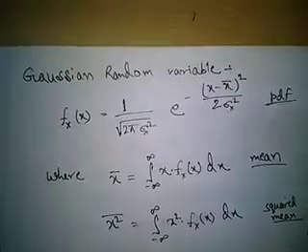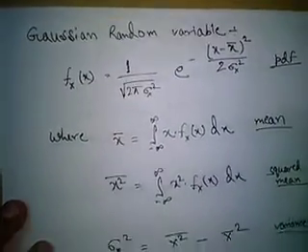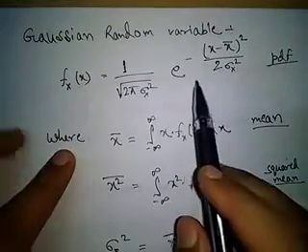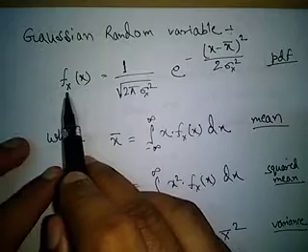So here it is, the Gaussian random variable, and the Gaussian random variable can be defined by the probability density function mentioned here, that is f_X(x).